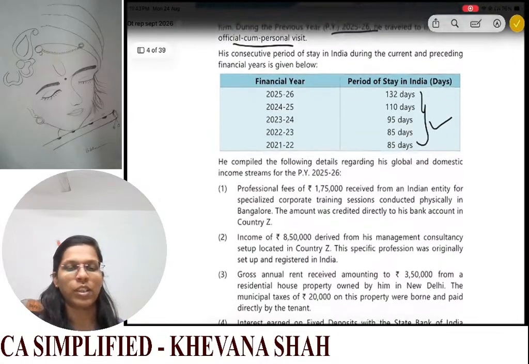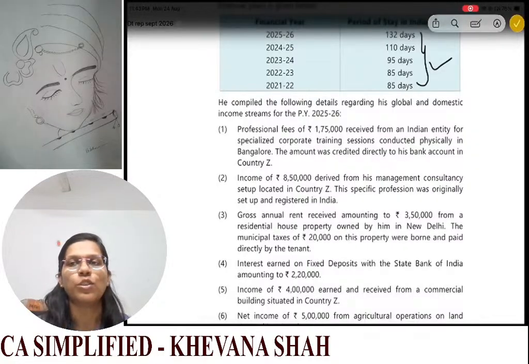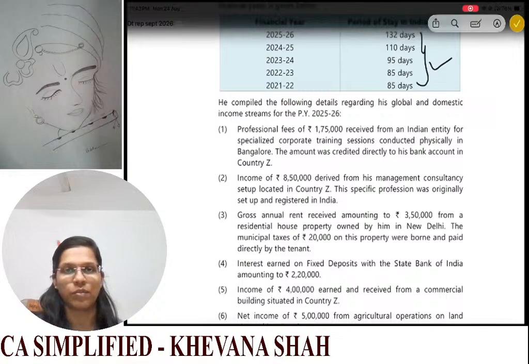Now we complete the following details regarding his global and domestic income streams. So we are given the incomes, we are given the dates. So we need to calculate his residential status first, and then based on the residential status, we will see which incomes are taxable in India. So quickly let us find the residential status.